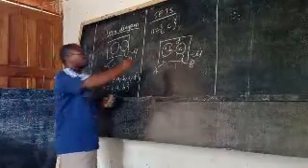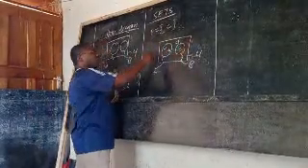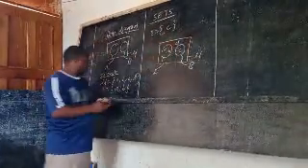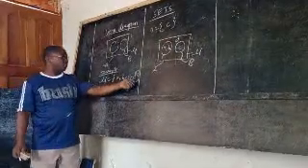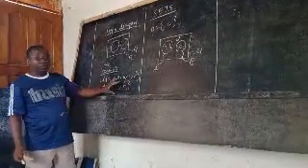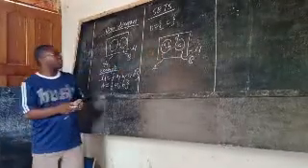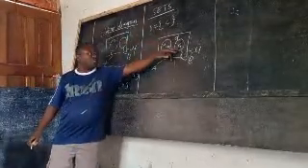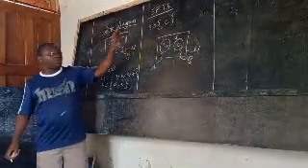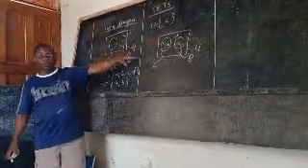So if you consider this as the universal set, you can see all elements A, B, C, and D. In set A, you can see elements A and B. And in set B, you can see C only. So this is the representation of these three sets in a Venn diagram.